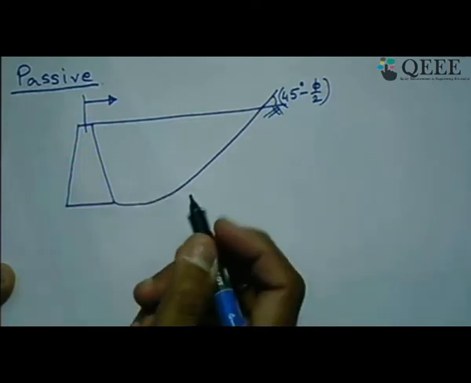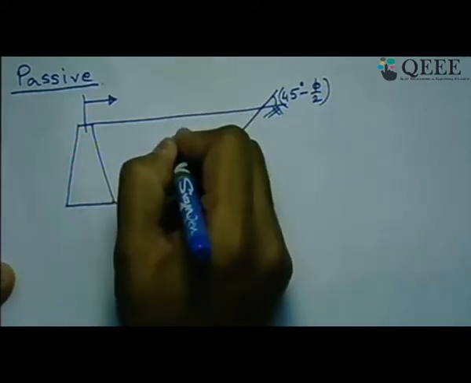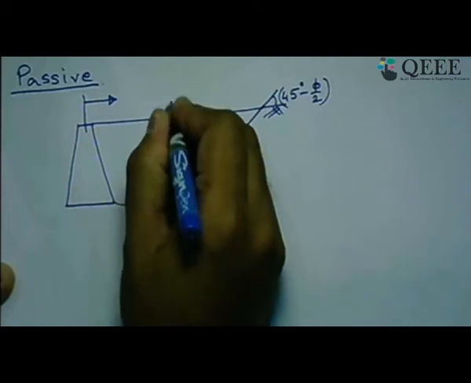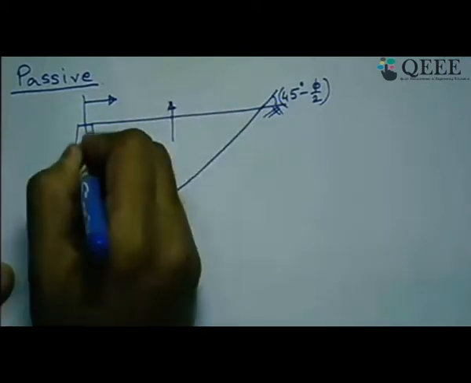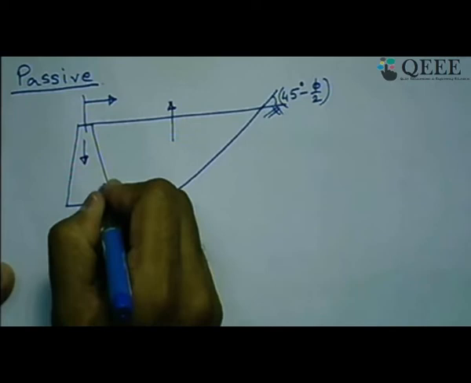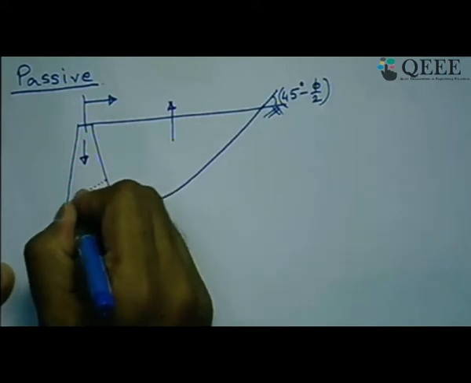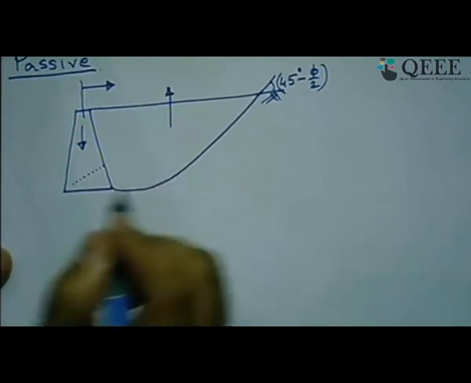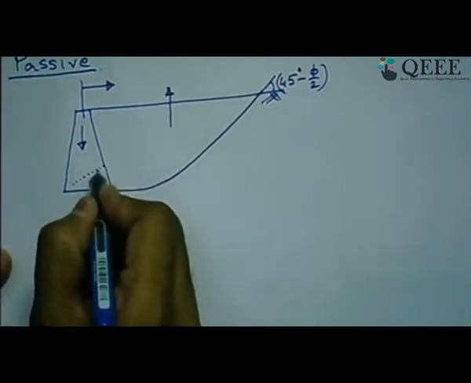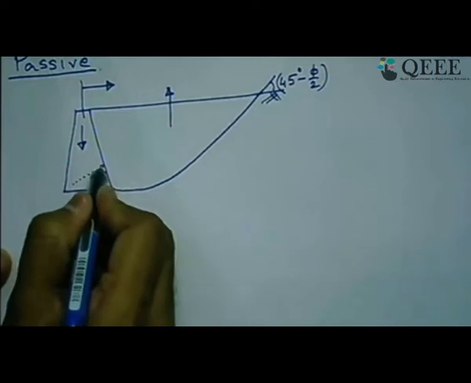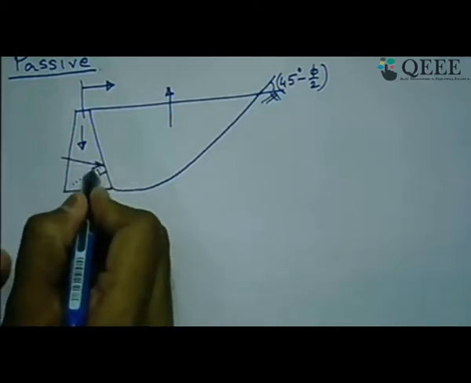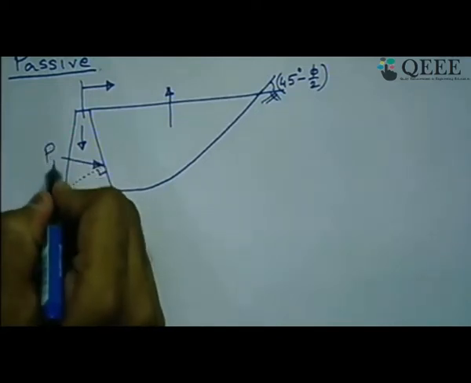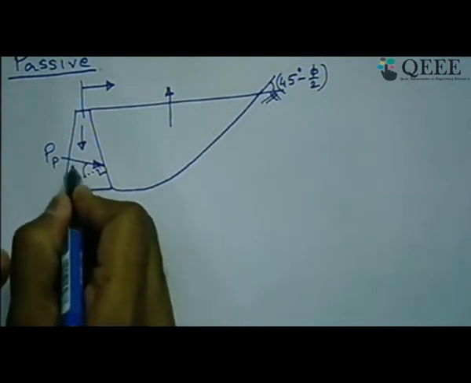In this case, soil moves up and wall moves down. That is the reason why when we consider Coulomb's earth pressure direction for passive case, this is normal to the wall, we always take it as acting in this direction, that PP at an angle of delta.